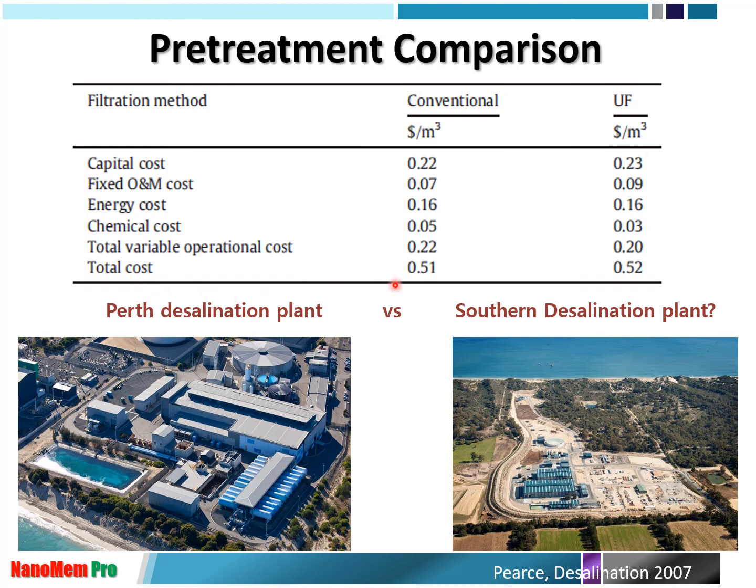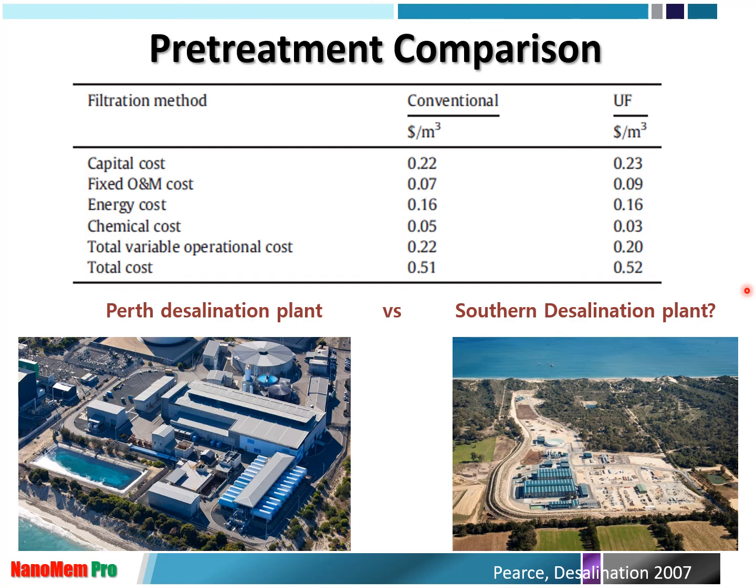So in fact, total cost is $0.51 per cubic meter using dual media filtration pretreatment, and $0.52 per cubic meter using ultrafiltration pretreatment.